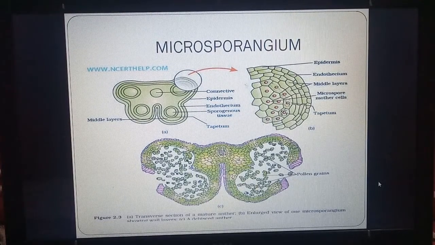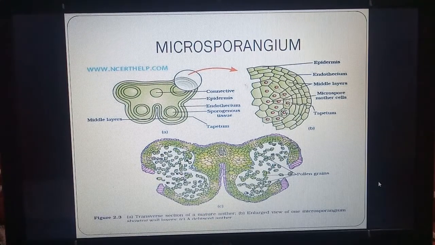Here we can see three diagrams. A diagram is a transverse section of a mature anther. In this we can see the connective through which the anther connects to the filament. Since this is a TS, it is circular in section. Then outermost layer epidermis, endothecium, middle layers, tapetum and sporogenous tissue. The B diagram is very important.